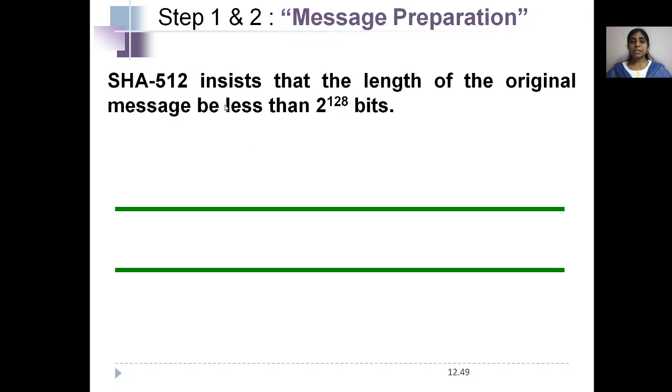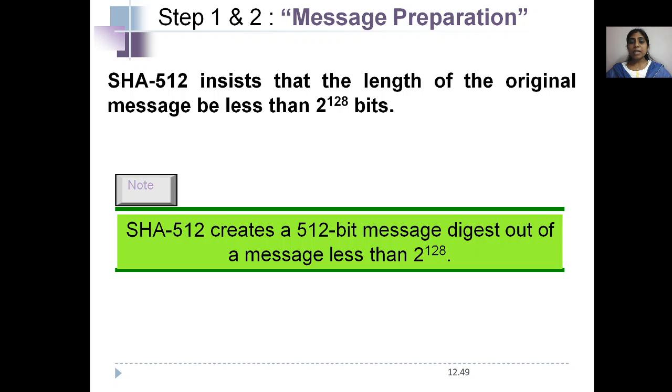The length of the original message is represented in a 128-bit field. Out of the 1024 bits, the original message is the plain text, and from there till 1024 we are going to pad the bits.